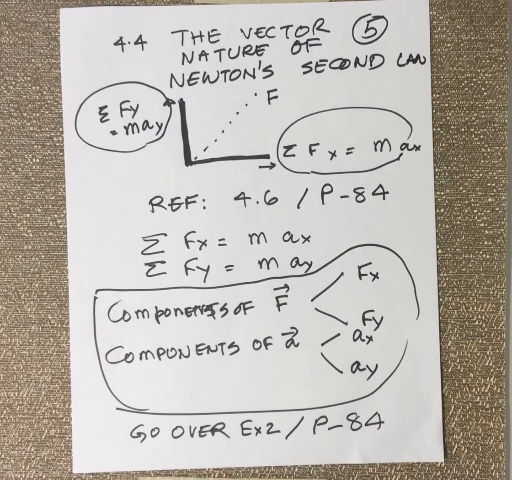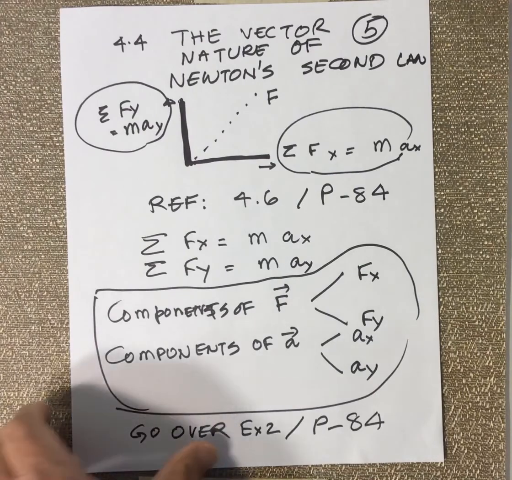So you have components for F, Fx and Fy, and components of acceleration, ax and ay. This is very typical of how you apply it in a problem. You can go to example 2, page 84. It's not hard to understand. You should read it at least 1 or 2 times to get into it.